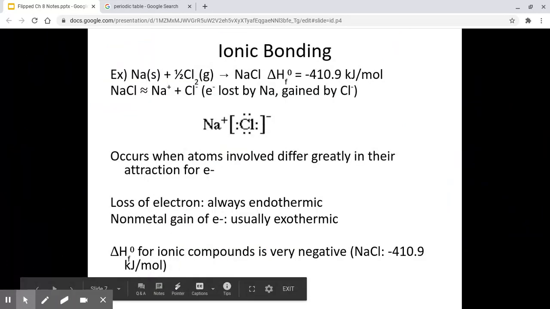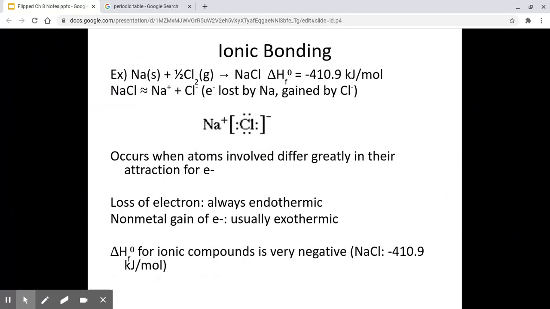Okay, ionic bonding. So we're going to start with basics that you've probably heard before and kind of build on them. So when we're talking about ionic bonding, we're talking about cations and anions.